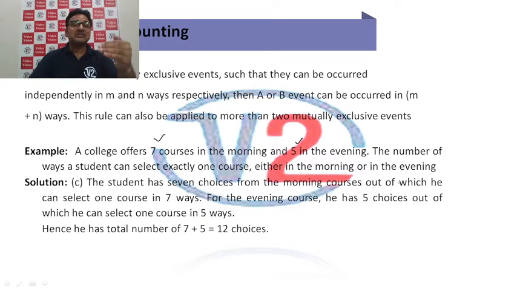It means the student has 7 choices in the morning and 5 courses in the evening, so the total is 7 plus 5, that is 12 choices. The student has 12 choices to choose a course in college, in the morning or evening.